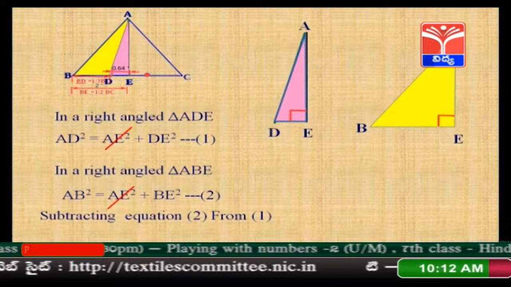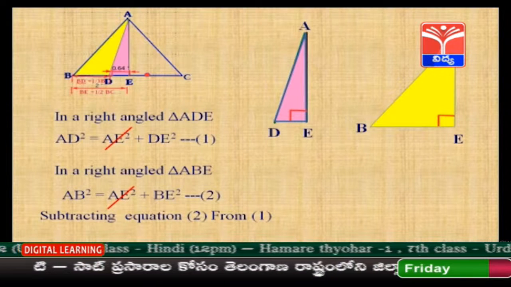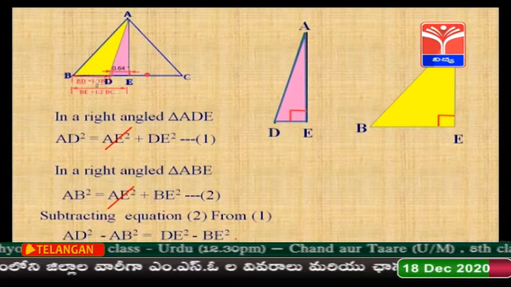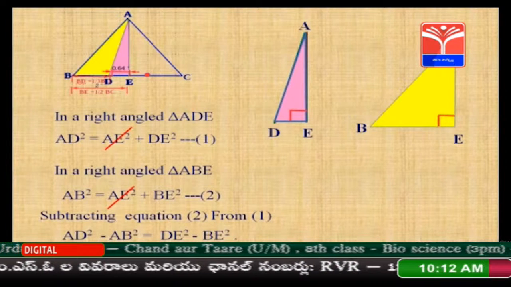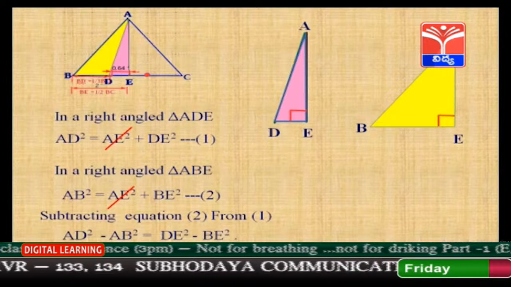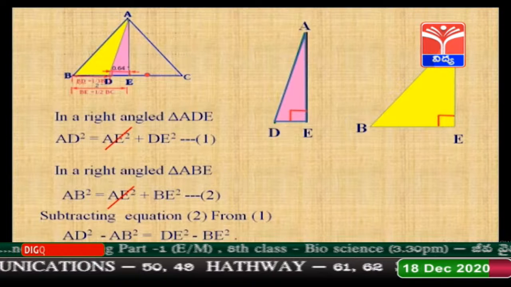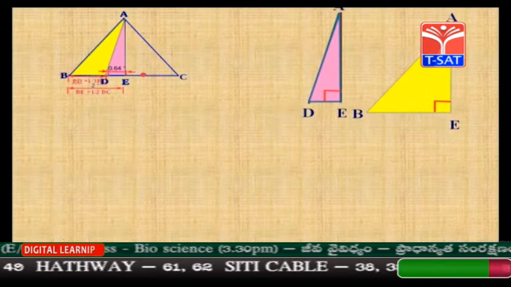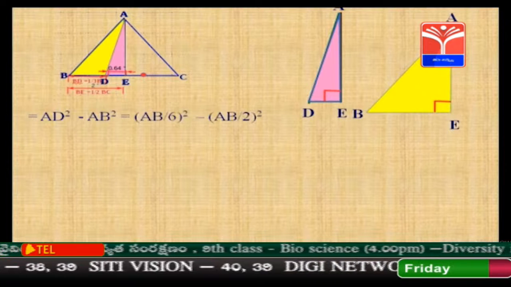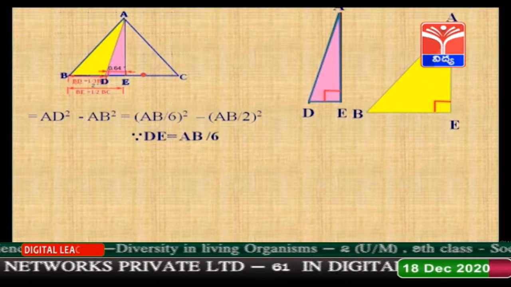AE square gets cancelled, and the remaining terms I am writing here: AD square minus AB square is equal to DE square minus BE square. Now, I have to prove this in terms of AD and AB only, so I am converting every term into AB and AD. See, AD square minus AB square is equal to DE square minus BE square.